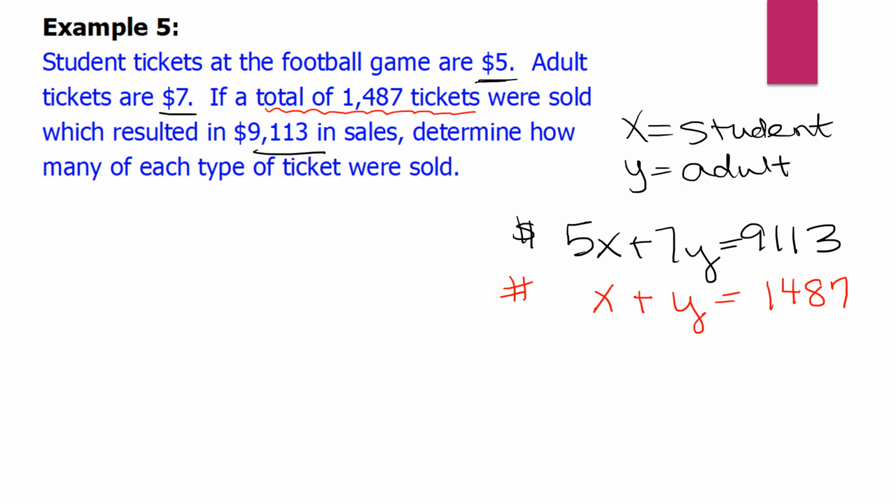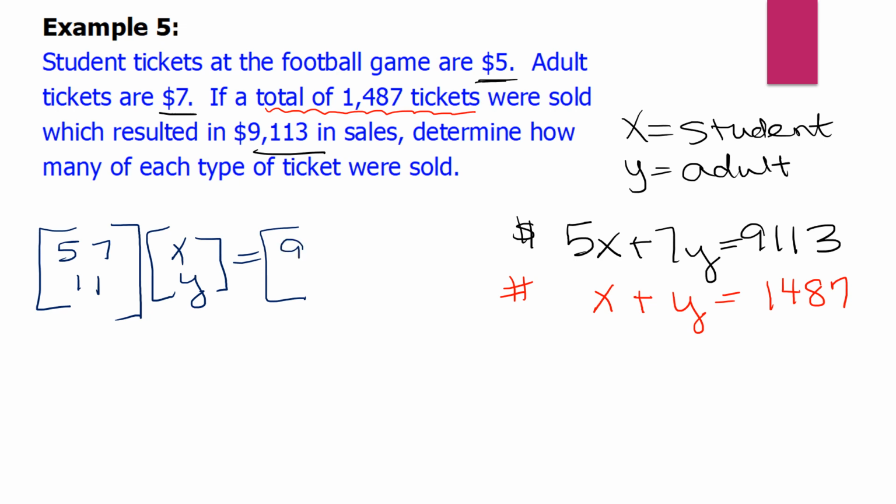We can then set up the matrix equations based upon the coefficients, variables, and constants. So our coefficients are 5, 7, 1, 1. The variables are the x and the y. Again, you can choose other variables, and that will equal the constants, which are 9,113 and 1,487.